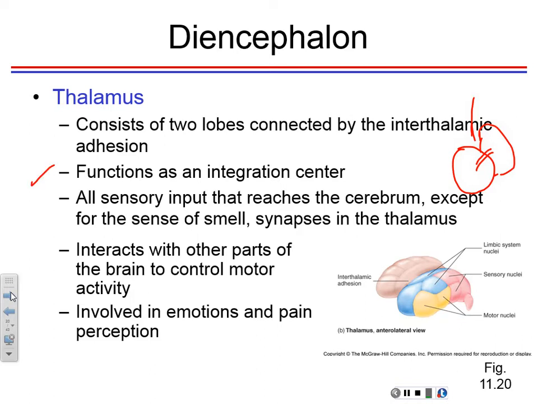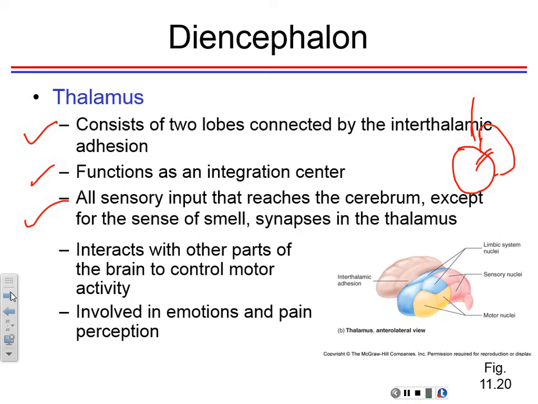So it's like the integration center. It's a center that decides which part of the brain best takes care of a certain sensory stimulus and which sensory stimuli to address first, before others. So like I was saying, all the sensory information that goes to the central nervous system, that goes to the brain, goes through the thalamus except the sense of smell.